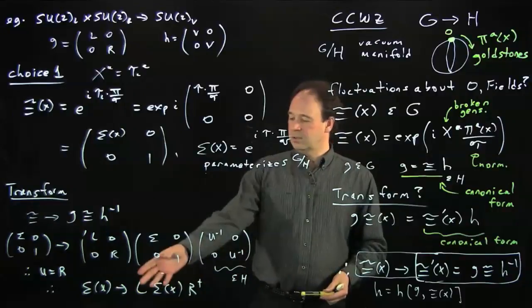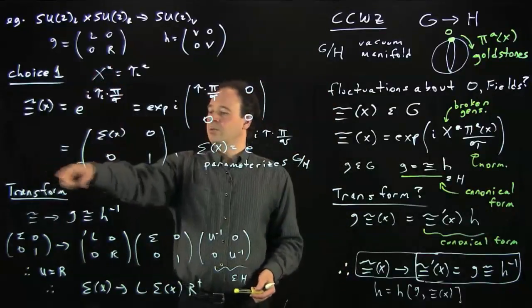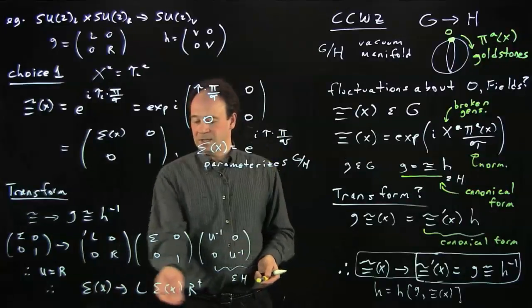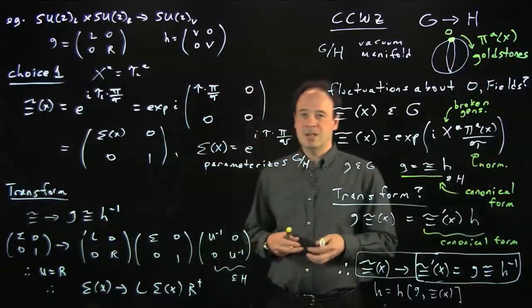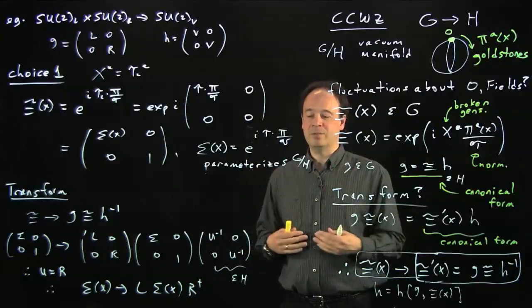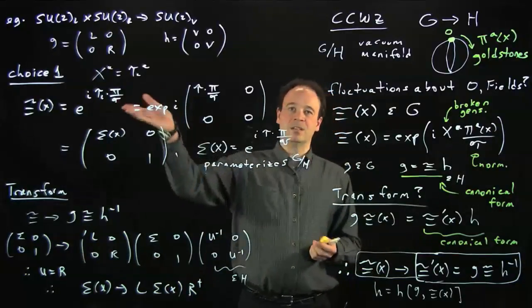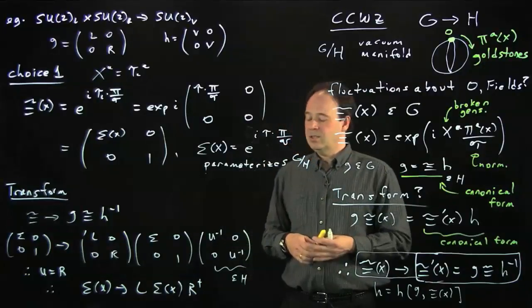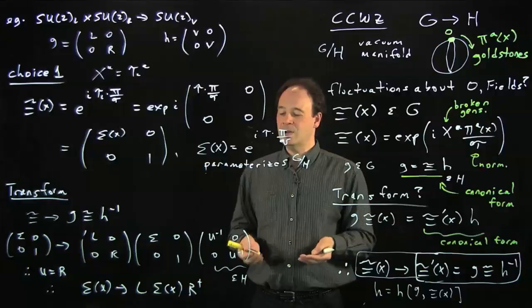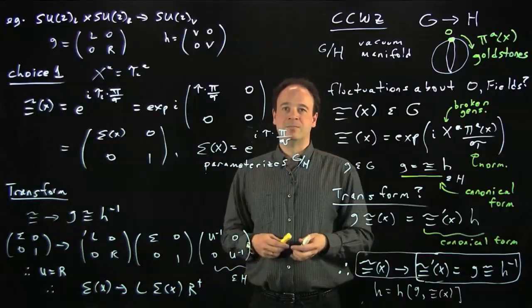OK, so this is the final result in this choice 1. We have this sigma field. It's given by this exponential form, and it has this transformation law. And you may actually remember that that's the same transformation law we found when we were talking about the top-down approach, and we were dealing with the exponential representation. OK, so this is the procedure here, the CCWZ, where we get the same thing coming out, but from a bottom-up perspective.